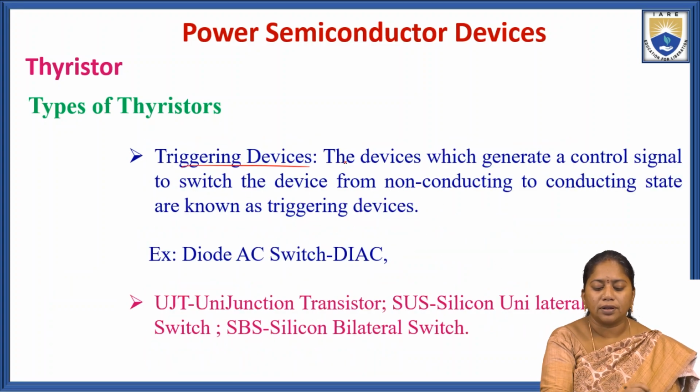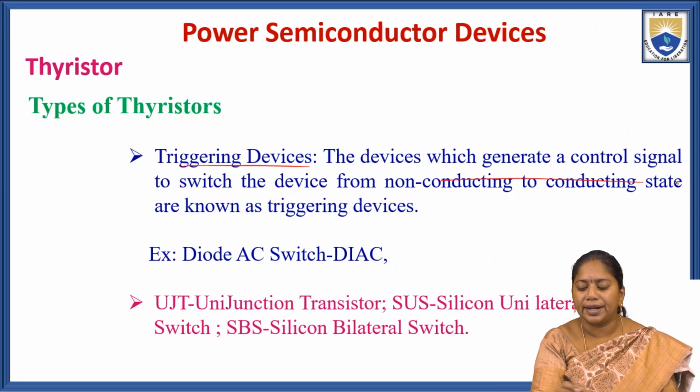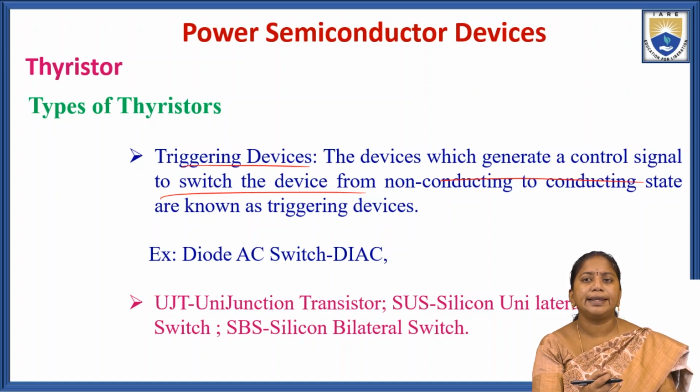The next type is triggering devices. The devices which generate a control signal to switch the device from the non-conducting state to the conducting state are known as the triggering devices.